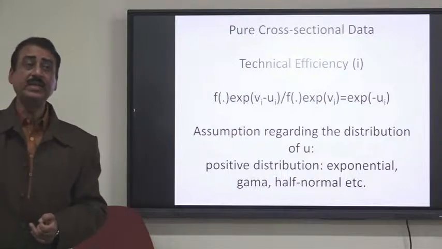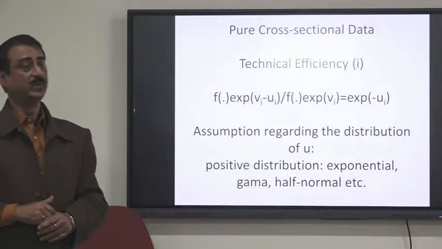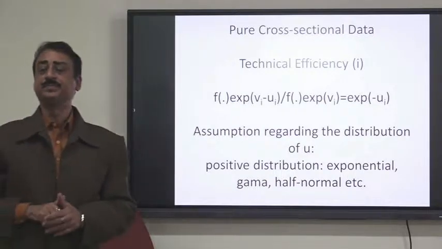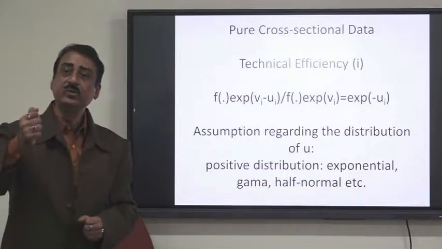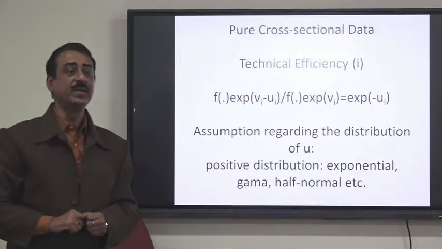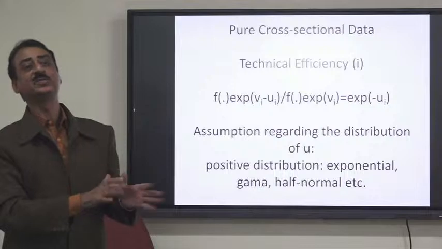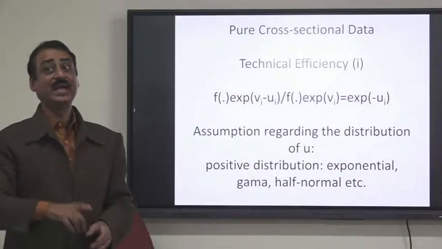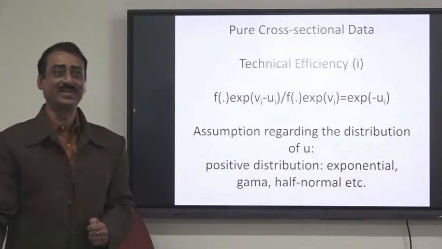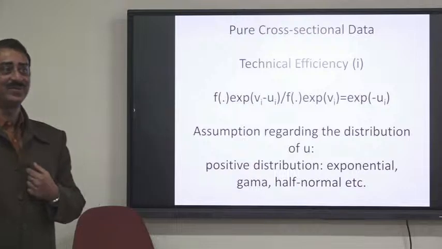And then accordingly you will estimate. The problem is, if you say U follows a half normal distribution and I say U follows an exponential distribution, then the efficiency that you have calculated and the efficiency that I have calculated can be different.